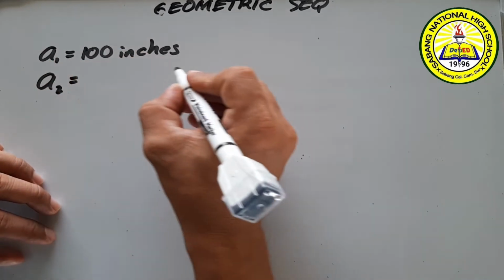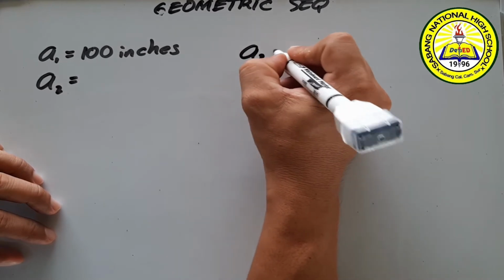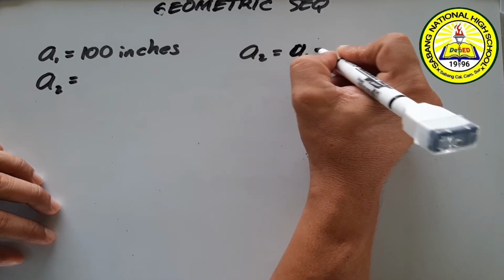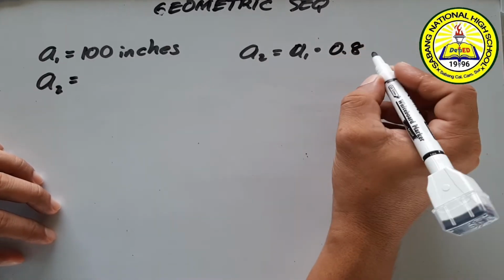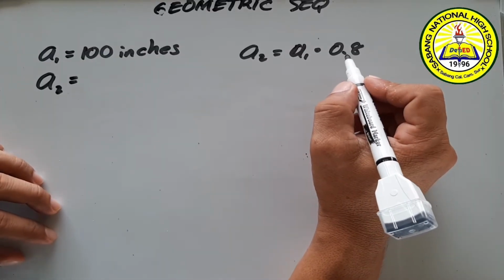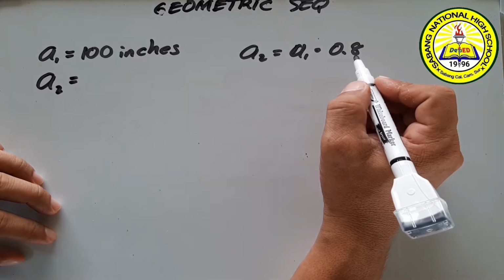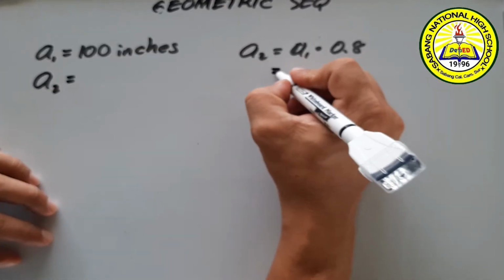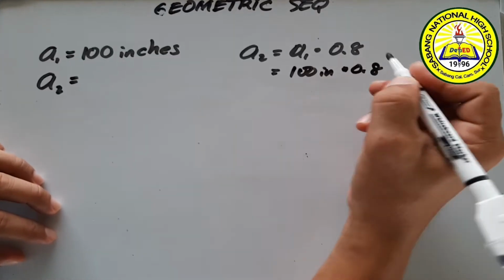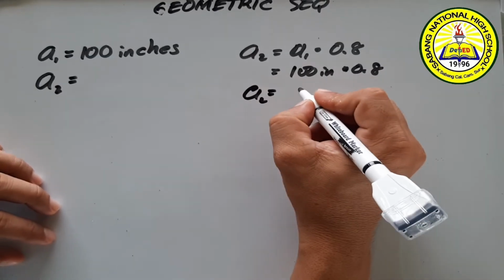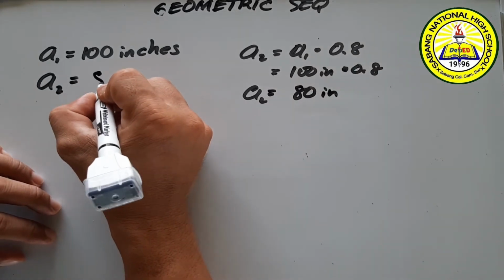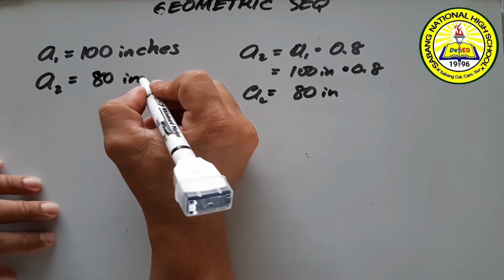Therefore, A sub 2 is A sub 1 times 0.8. Here, our common ratio is 0.8. 0.8 is a conversion of 80% into decimal. A sub 1 is 100 inches times 0.8. That is, A sub 2 is equal to 80 inches. So, the second term is 80 inches.